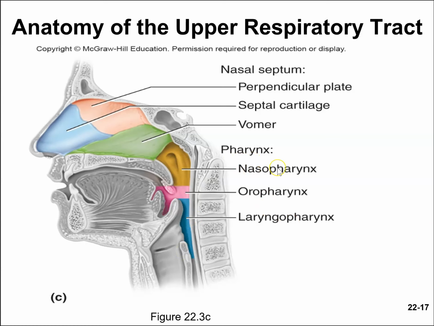So the nasopharynx only serves as an airway, and an important structure in the nasopharynx is the pharyngeal tonsils. Now, these tonsils are lymphoid reticular tissue, similar to the lymph node, which are present superior to the nasopharynx. So the pharyngeal tonsils are present right over here, and the main function of this tonsil is not really well understood.